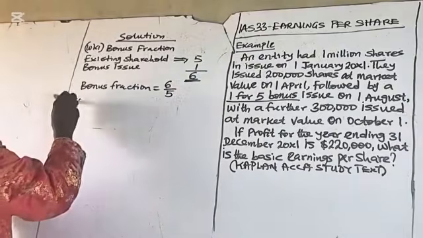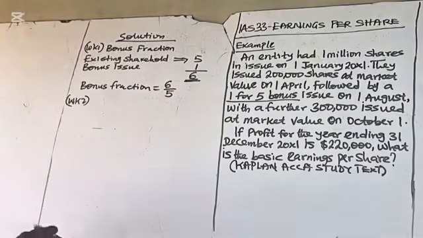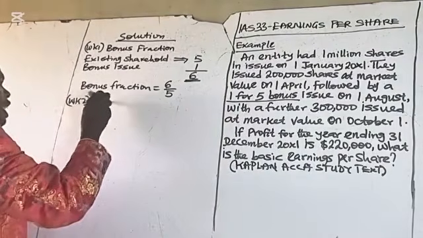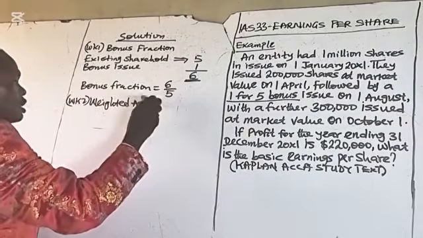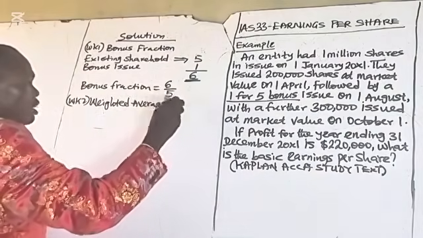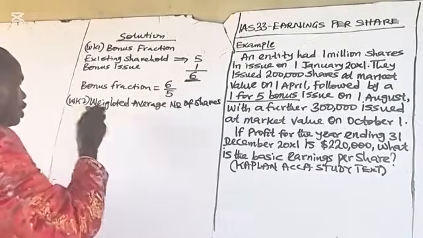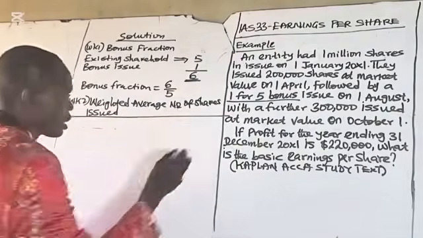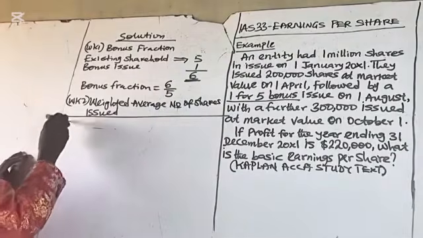Working 2 is to calculate the weighted average number of shares issued. So, the first column is the date or period.